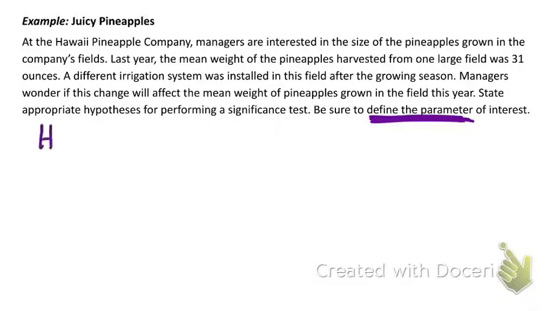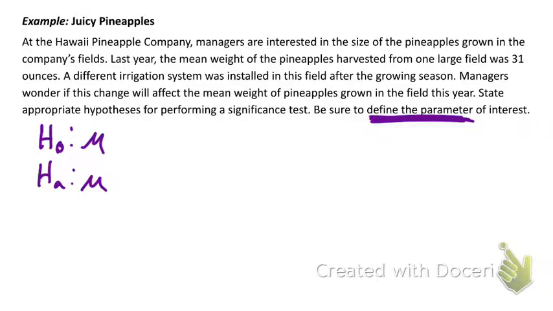Null hypothesis, alternative hypothesis. When you're writing hypotheses, you're going to need both. Then you need to decide, what is this problem about? Is this about means, proportions, standard deviation, something else? This is about a mean. So my parameter, when I'm talking about means, is mu.